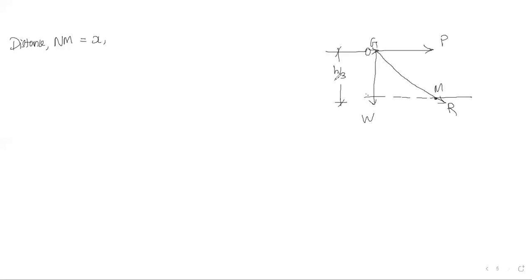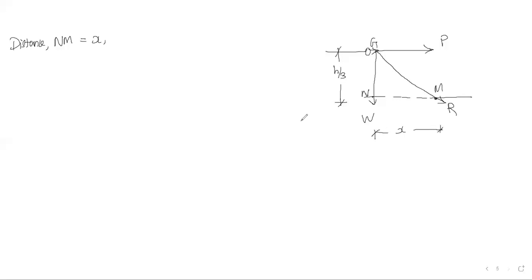NM is nothing but X. For X we can have the force P and the vertical force W, and the resultant force is going to meet at the point of M. This is in the base, this is point G. This force acts at height h by 3, the maximum point. So this distance is nothing but x, the NM distance.